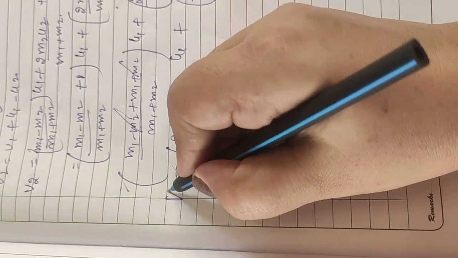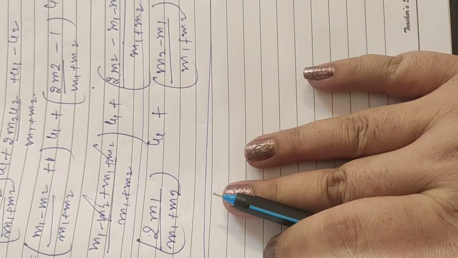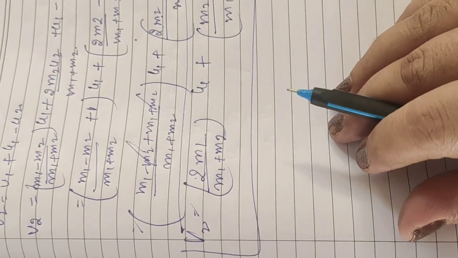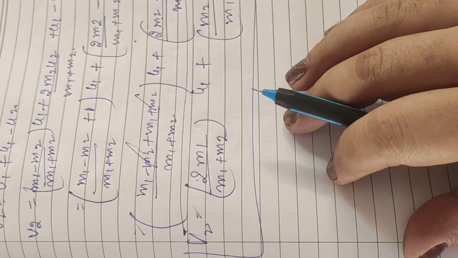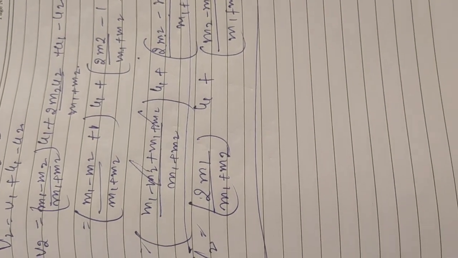This is the expression for v2, and we have just calculated the values of v1 and v2. In our next video we will study the special cases for the elastic collision in one dimension.